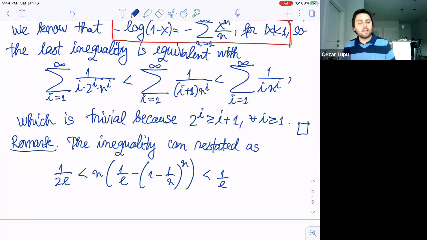And as you can see, if I take the limit as n approaches infinity of that, it won't give me the exact limit. So if I want to apply the squeeze theorem, it doesn't work.